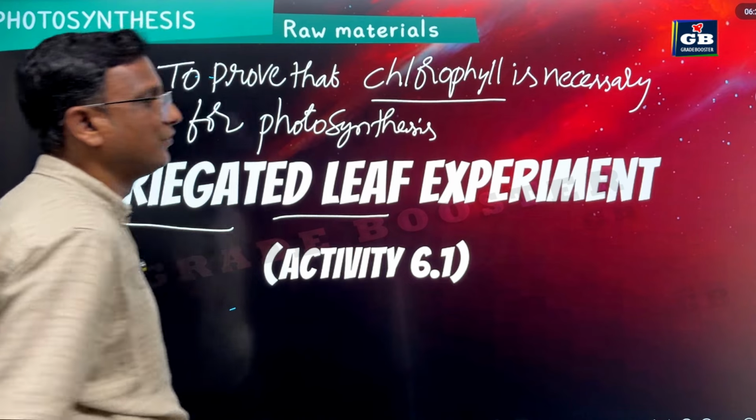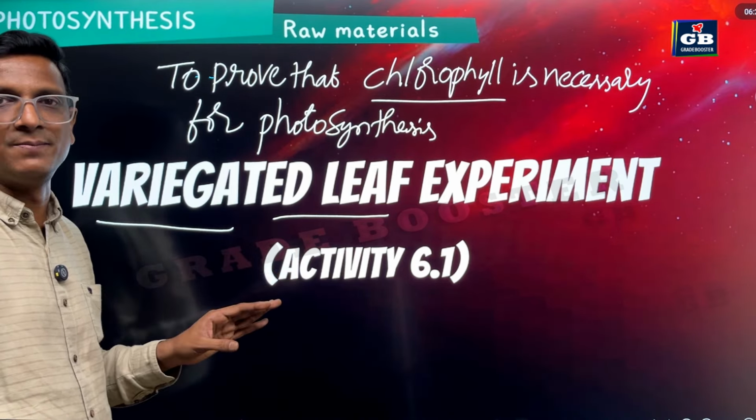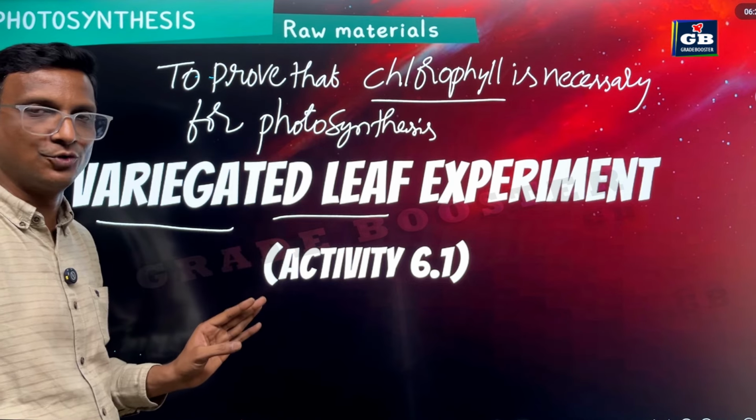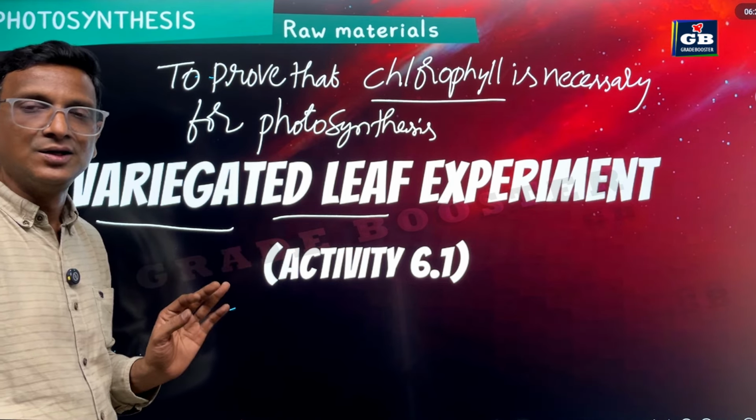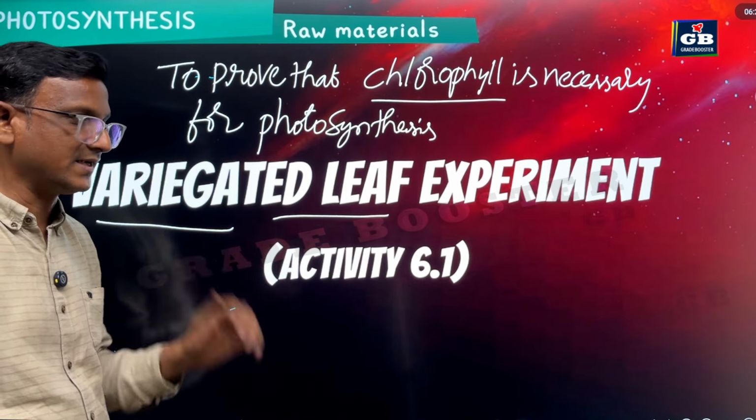So what is required? Chlorophyll is needed. We are going to show it practically with an experiment that chlorophyll is necessary for photosynthesis, meaning no photosynthesis without chlorophyll. That we are going to prove. Let us see the experiment.